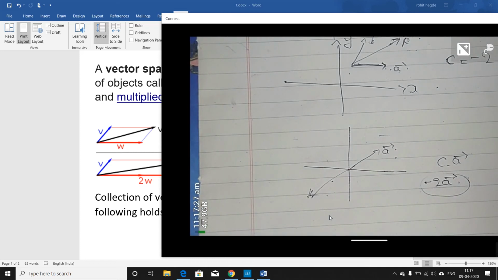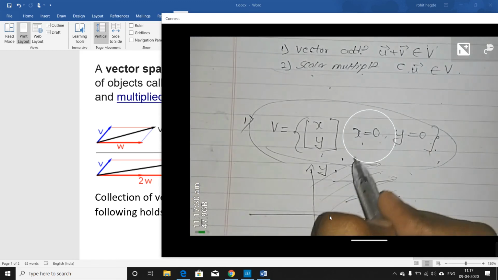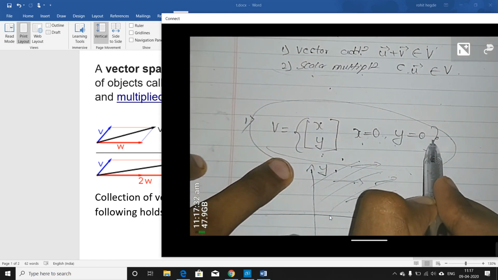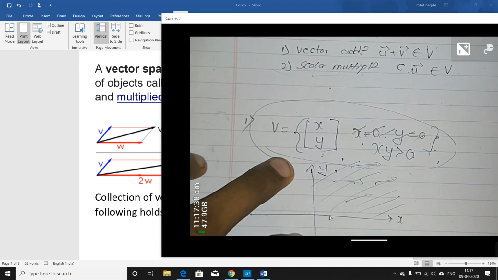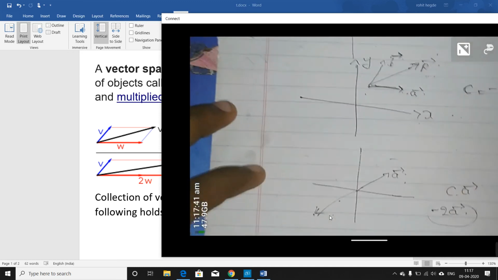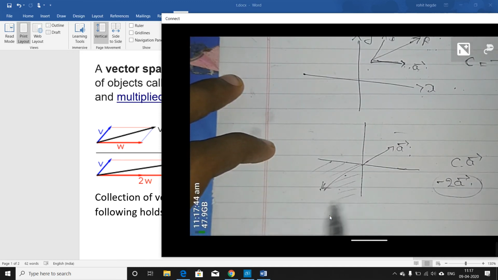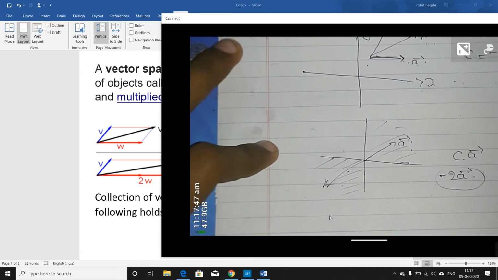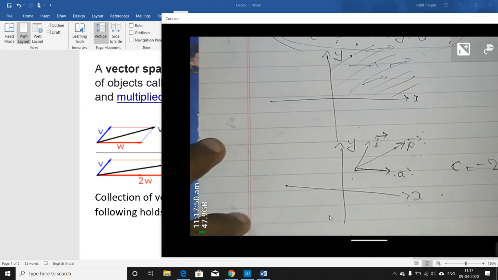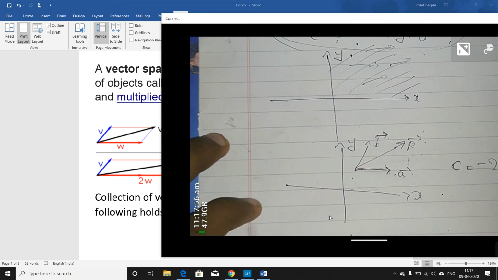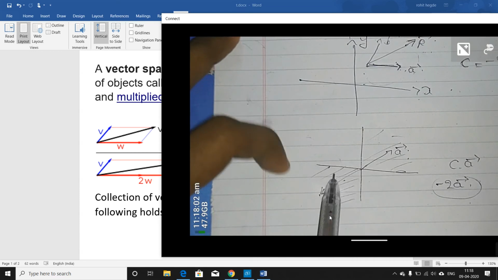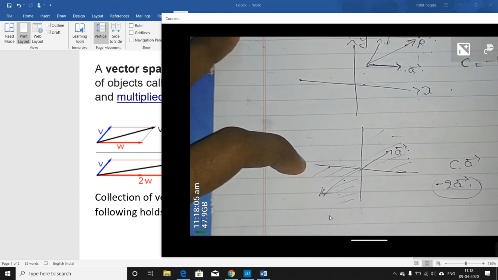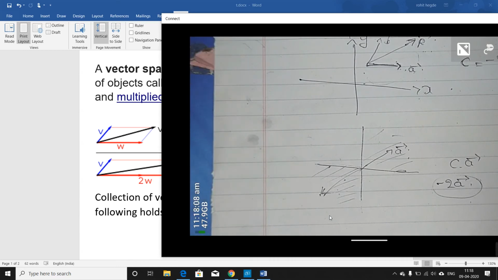Then if the question, instead of x ≥ 0 and y ≥ 0, gives xy ≥ 0, then we may include this and this quadrant. If we consider the first axiom, it will satisfy vector addition. If we consider the second one, then also it will satisfy, because minus into minus is plus, so xy is greater than or equal to 0.